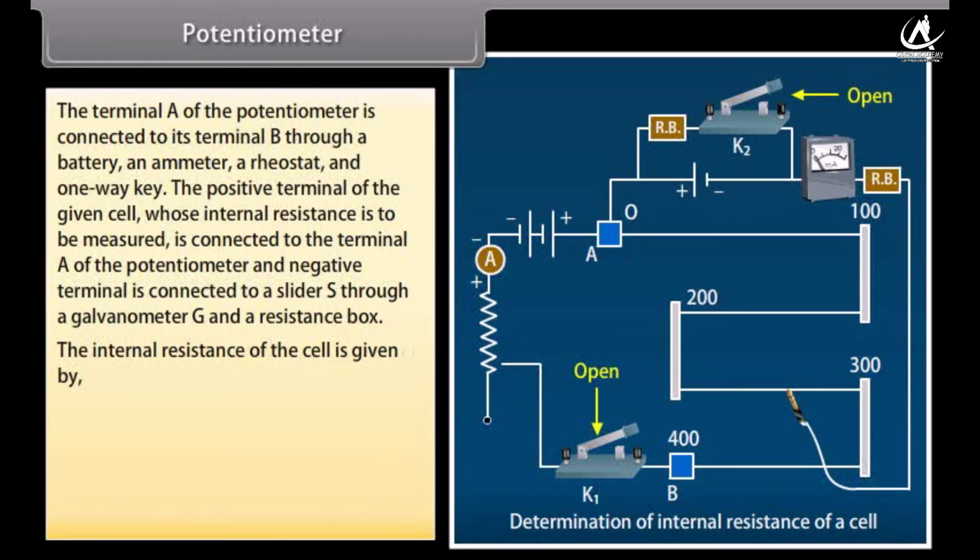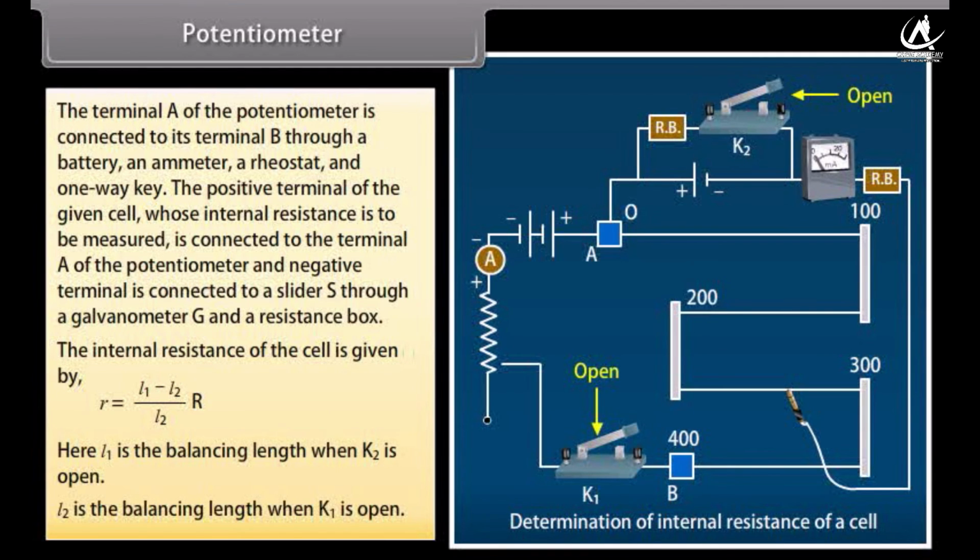The internal resistance of the cell is given by r = ((L1 - L2)/L2) × R. Here, L1 is the balancing length when K2 is open. L2 is the balancing length when K1 is open.